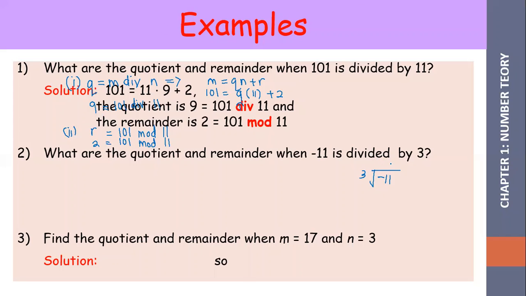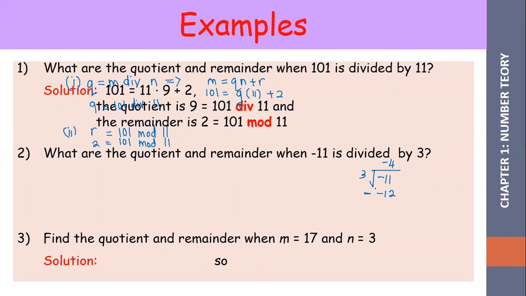Okay, see here. What should I put here as the quotient? Is it 3? No, you have to put negative 4. Why? Because 3 times negative 4 is negative 12.